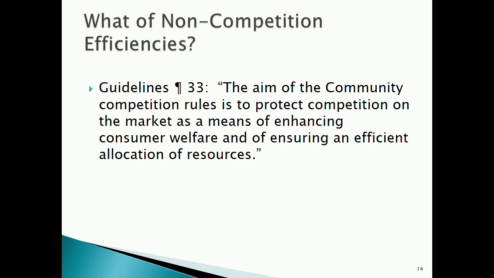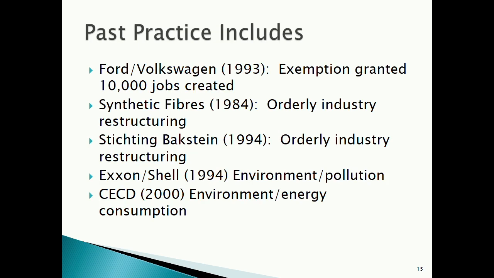Now, the non-competition efficiencies. As I said, this is past practice, all of it before 2004. These were Commission decisions under 101, or actually 85.3 and 81.3, the former 101.3, that had restrictive practices with benefits that couldn't be measured or weren't measured exclusively in consumer welfare, and yet were approved.